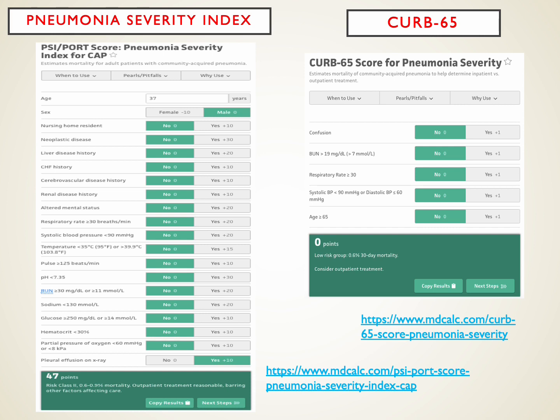The CURB 65 is a more simplified tool and still offers good predictive value. So I think most clinicians would probably still use the CURB 65. If you had access to the pneumonia severity index and could integrate it into your practice pretty easily, then yes, absolutely, that would be the preferred option because it is more precise, but it also is more cumbersome to use.